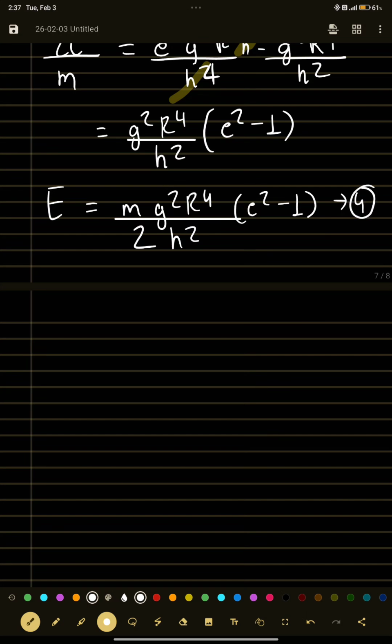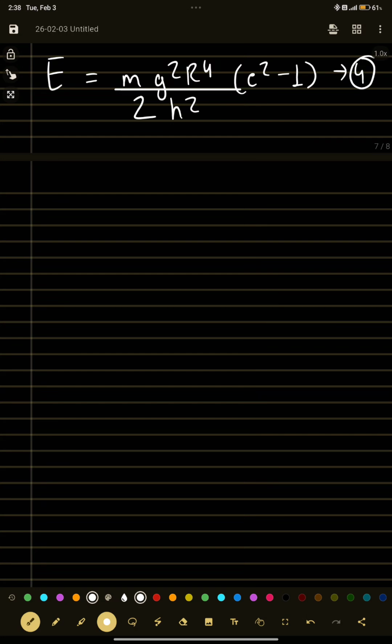Now, what is the energetics, what is the total mechanical energy when your E is greater than 1, that is hyperbola. Hyperbola, it is positive.